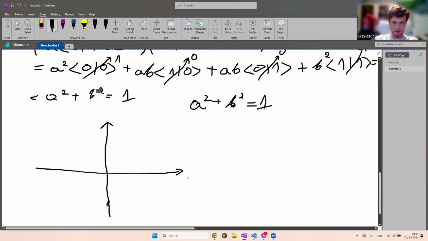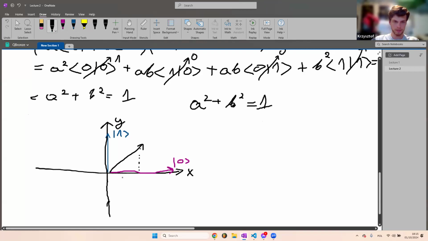So here we have our x-axis and our y-axis. As I showed you yesterday, we can represent both vectors in the xy plane. But now, in order for the state to be a proper qubit state, you can choose any vector you like, but its length has to be 1.